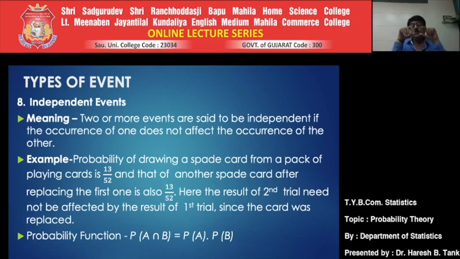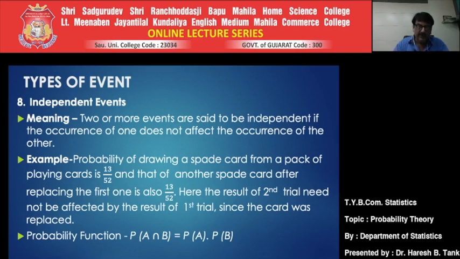Okay. Look, when you replace it, this event becomes independent because the occurrence of the first event doesn't affect the occurrence of the other event. Where this is implemented is the multiplication theorem. Probability of event A happens and B happens. Since the word is and, it is equal to the product of the individual probabilities.